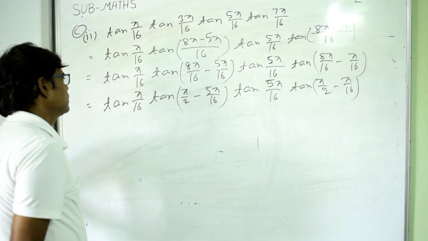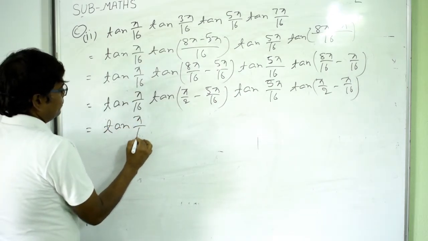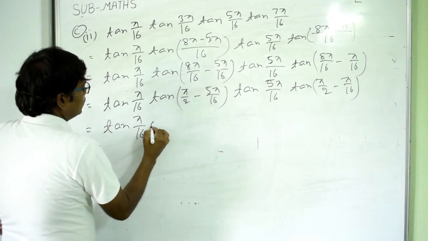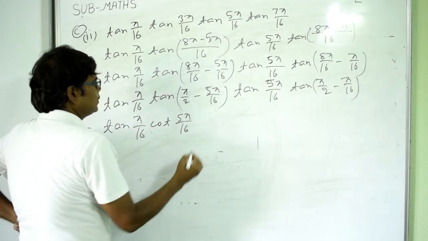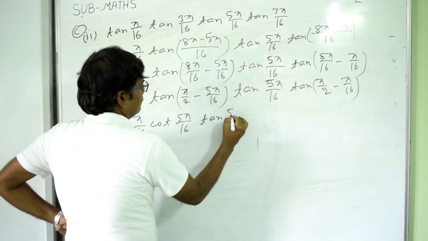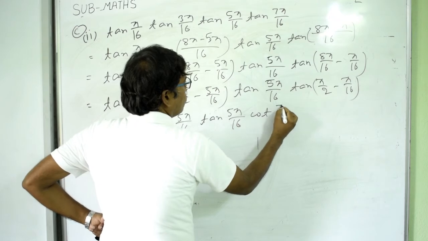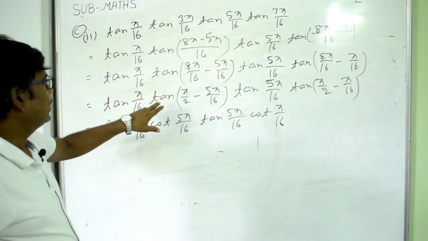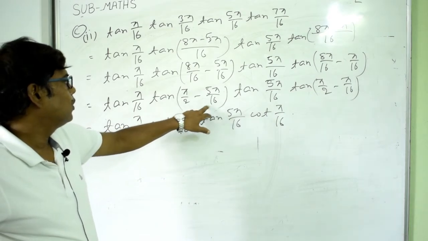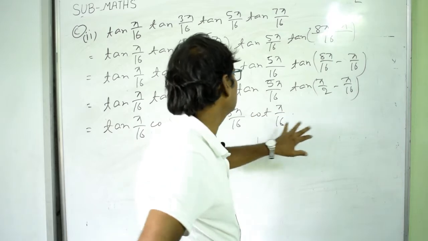Like this. Now this will be cot 5 pi by 16 here, and pi by 16. Okay, these are the formulas here. Okay, tan 90 minus theta equal to cot theta, and here also tan 90 minus theta equal to cot theta.